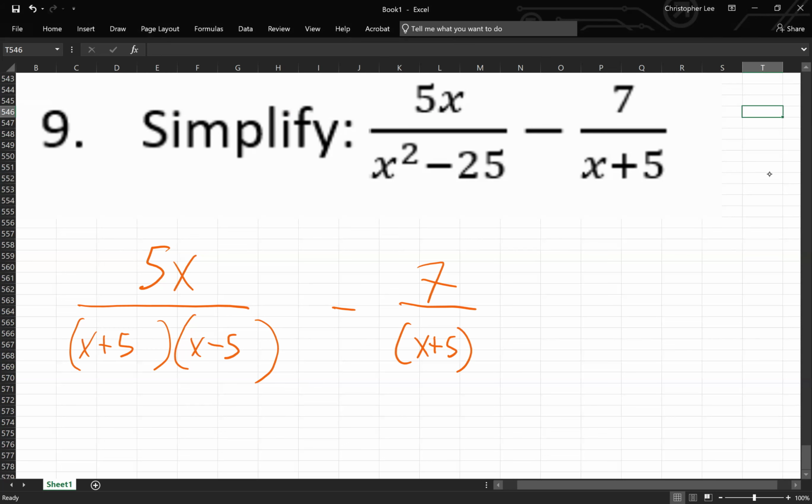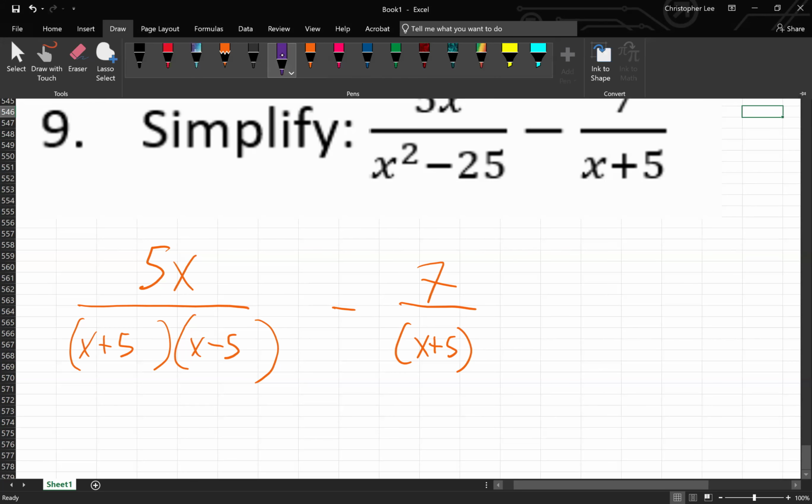Now remember, in order for me to subtract two fractions, I got to have the same denominator, right? So how can I make these denominators the same? Tell me. What would make these two denominators the same?